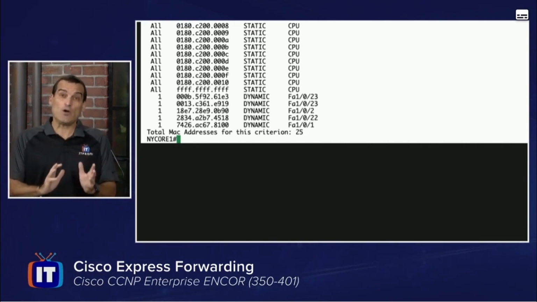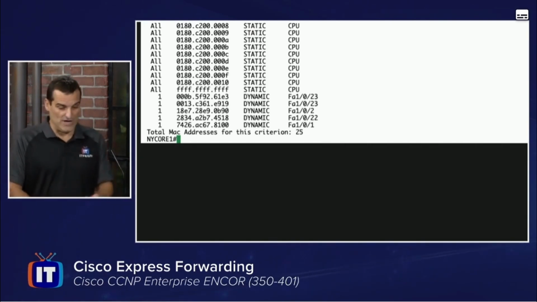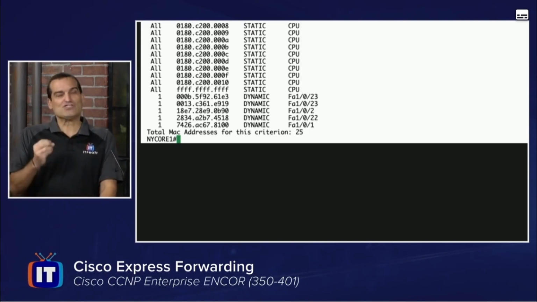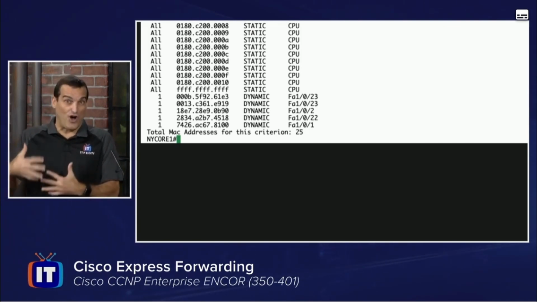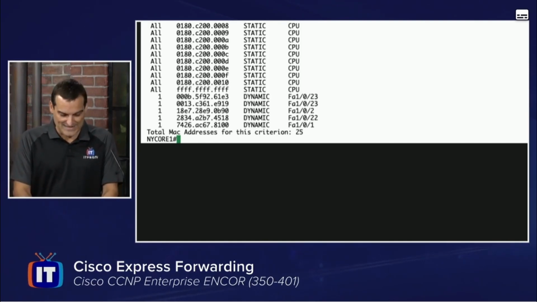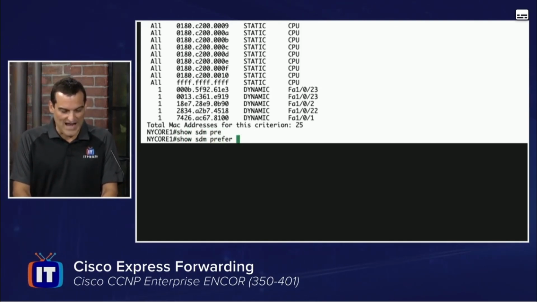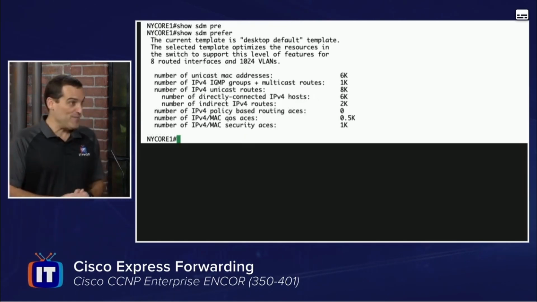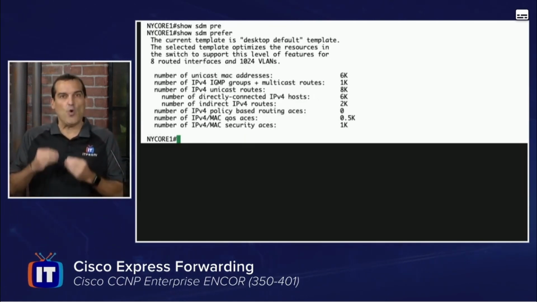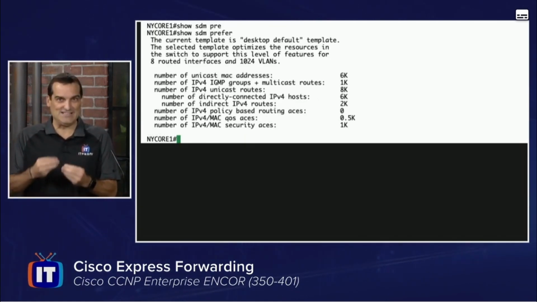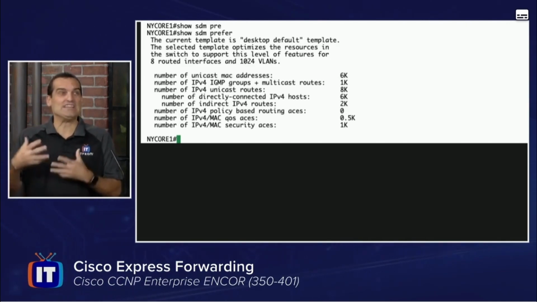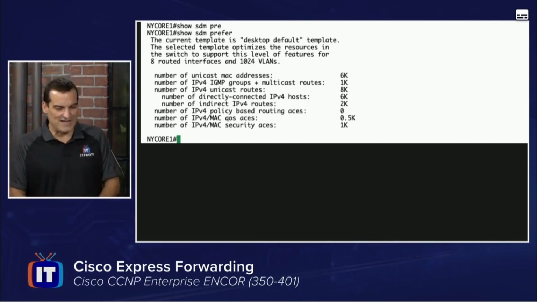And this is where we can get into a little bit of configuration. Your switch is going to be set with some limits on the TCAM, and you want to use the show sdm prefer command to see what template is in use for the TCAM, for its max values.